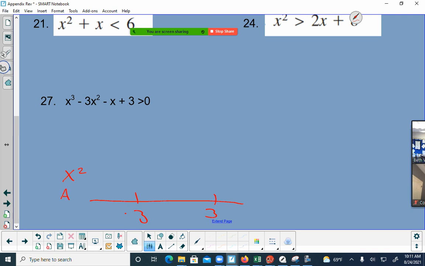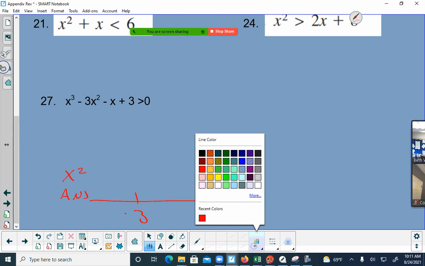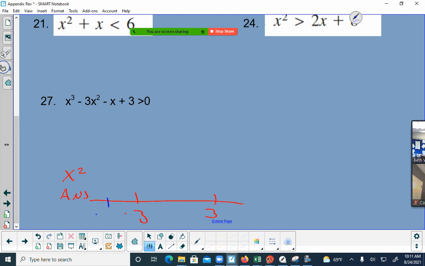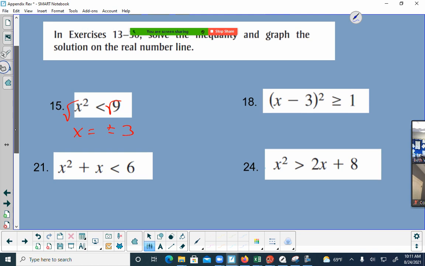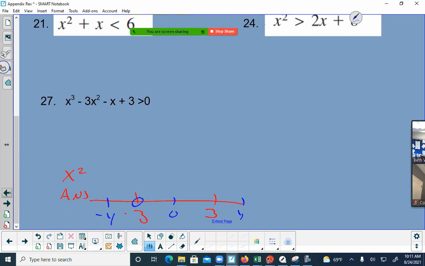And my answer, I don't think it's ever going to be... So let's say I put negative 4, 0, and 4. If it's less than, so open circles.